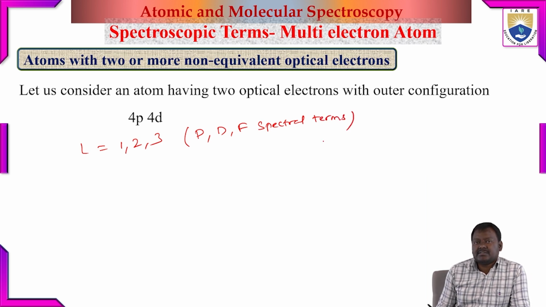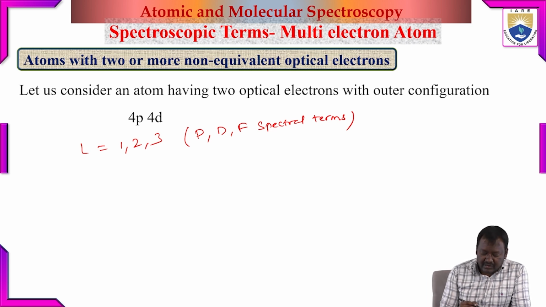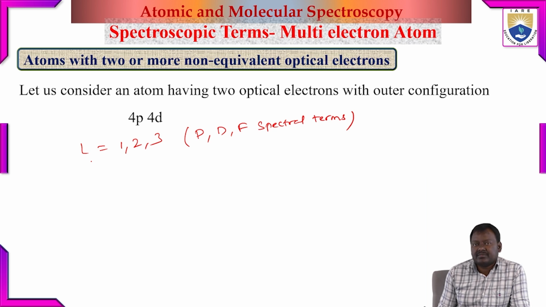So there are three spectral terms: P, D, F. Here, the electrostatic residual interaction is also stronger after spin correlation.